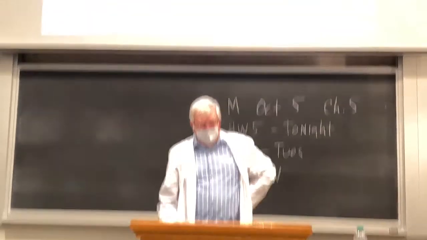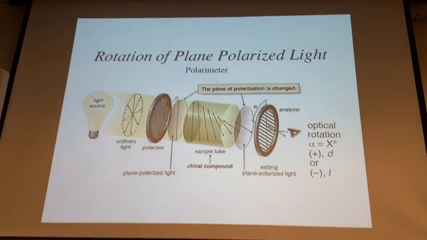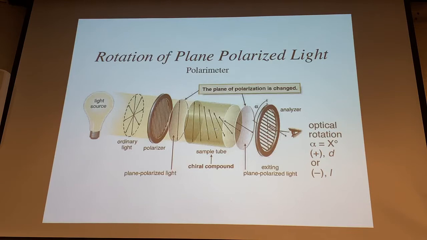So, okay, here it is coming through. It's plane polarized light. And then the sample tube has the chiral material. And then it can either rotate to the left or to the right. As you look down it from this side, there's your eyeball. You have to change the observation filter to be able to see the light coming through. If it's rotated enough, you won't see any light at all until you reorient the observation filter over here.